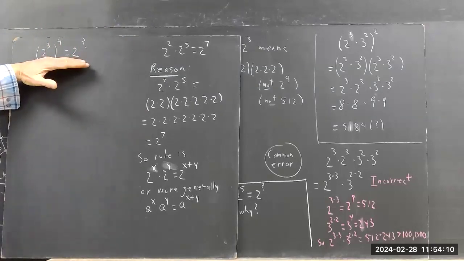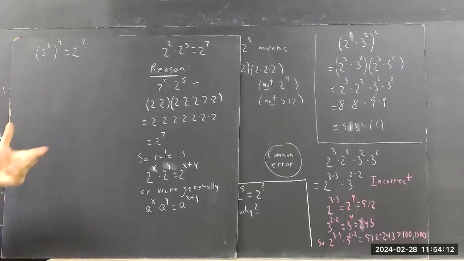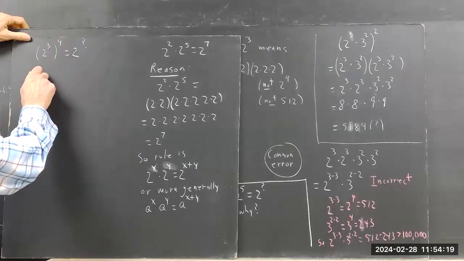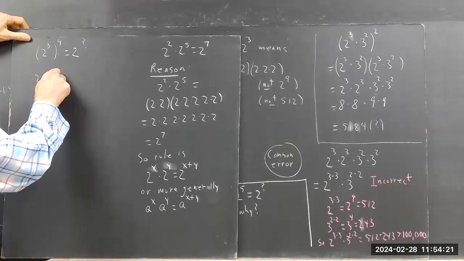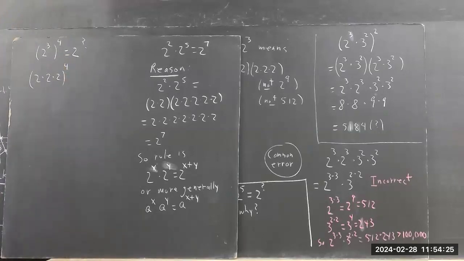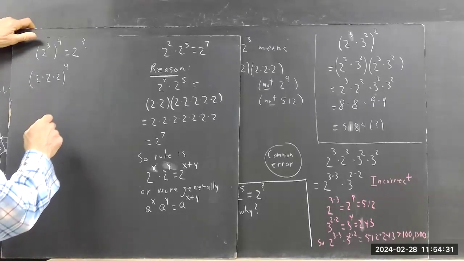Hopefully, if you're seeing this on video, you thought this through. First of all, two to the third is 2 times 2 times 2, and that's to the fourth power. That's a good first step, and everybody made it. The next step is easy to see.